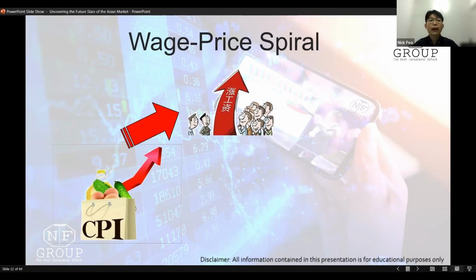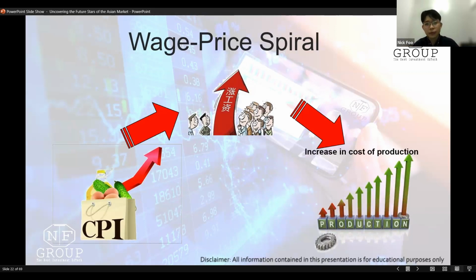Without an increment, they can't survive, ladies and gentlemen. So when the bosses increase their workers' salary, that will lead to an increase in the cost of production, and that will accelerate the current high inflation, ladies and gentlemen.